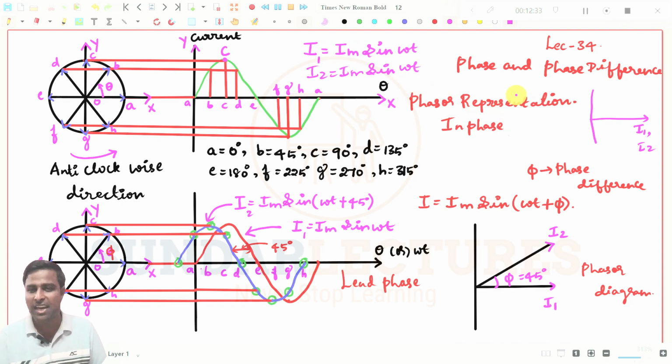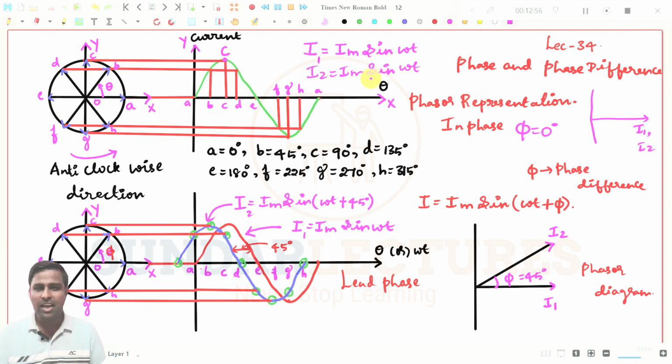That means here phi will be equal to 0 degree. There is no difference between one phase and another phase. If it is like this, then we always call those kind of things as in phase values. Both phasors will be same. That is one thing, right?